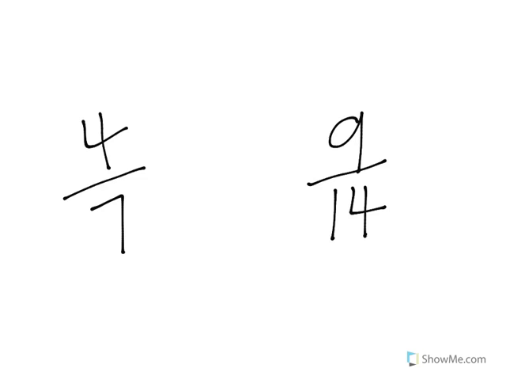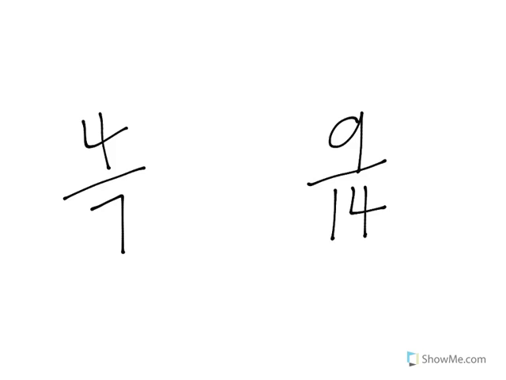When I'm comparing 4/7 with 9/14, the first thing I notice is that 7 times 2 is 14. This is one of those tricky ones where you could do this with getting a common denominator, but I'm going to press us to think about what that means conceptually.